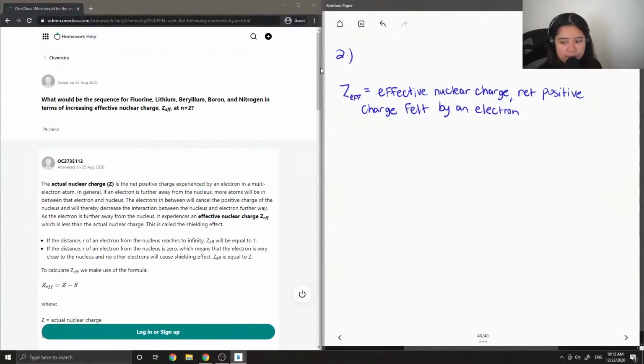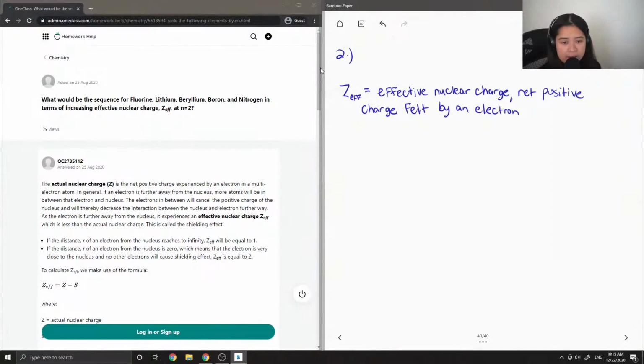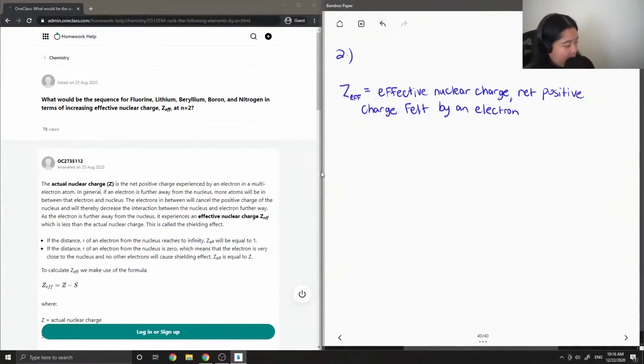So this is mainly because the nucleus is positively charged. So depending on where an electron is, like how close it is to the nucleus of an atom, it will feel a different nuclear charge than another electron. So that is Zeff.